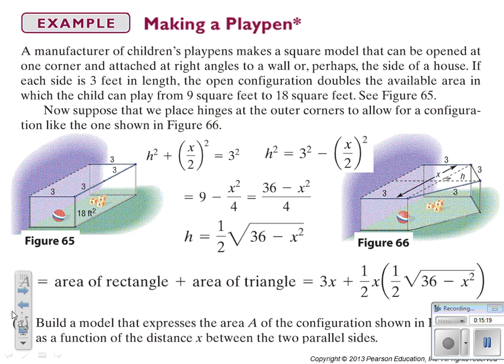So now, when I look at the area of this enclosure, we have the area of the rectangle here, which is 3 times x, and we have the area of the triangle, which is 1/2 base, which is x, times the height. And we got that wonky height.